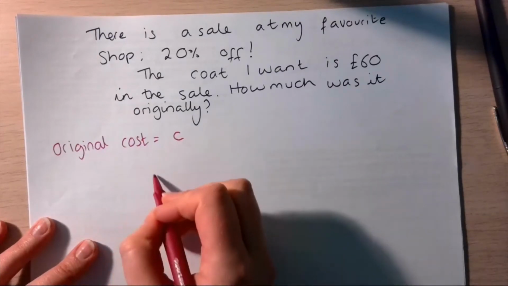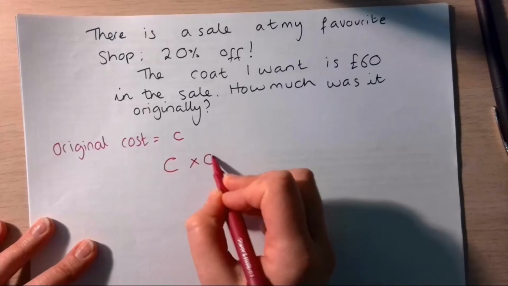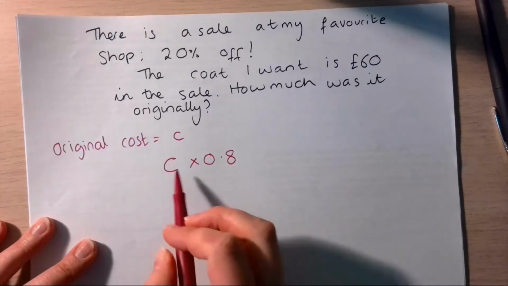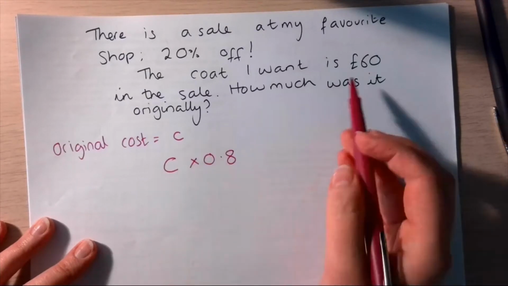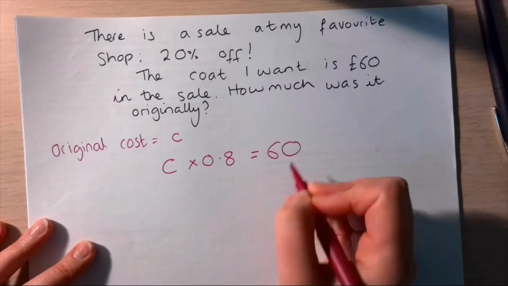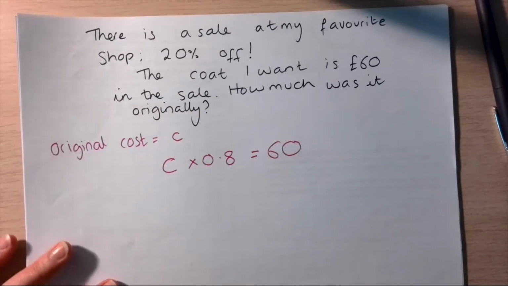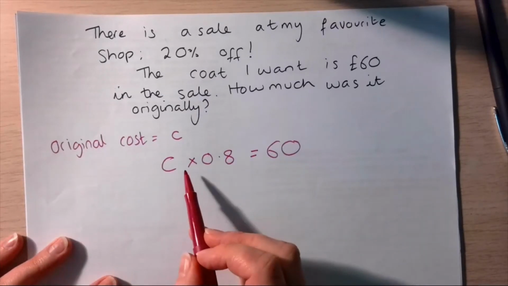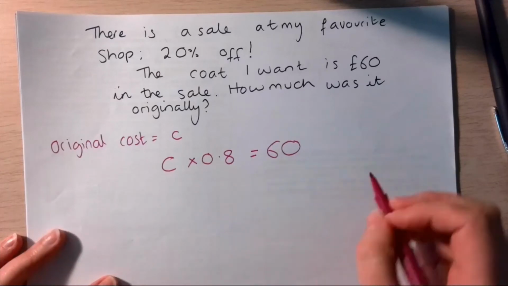So our calculation would be C, original cost, multiplied by 0.8. That would give us the 20% off price, and we've been told it's £60. So that equals 60. Now we've just got a tiny little bit of algebra to do to solve for original cost. The inverse of multiply by 0.8 is to divide by 0.8.